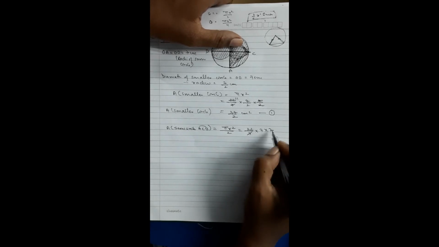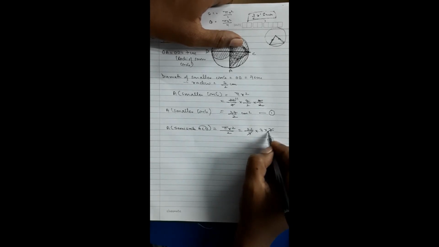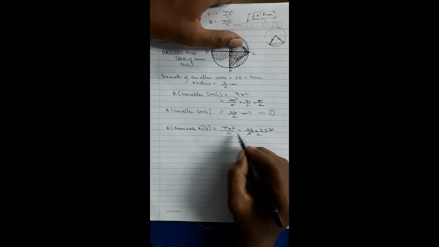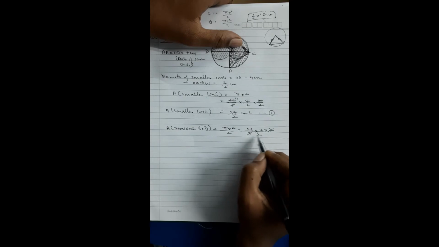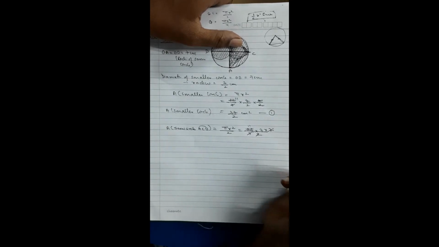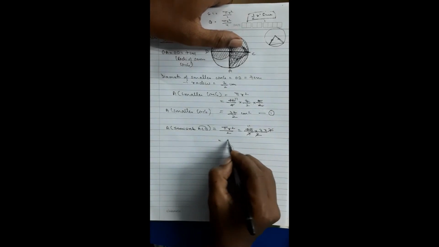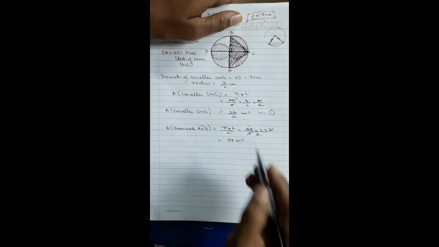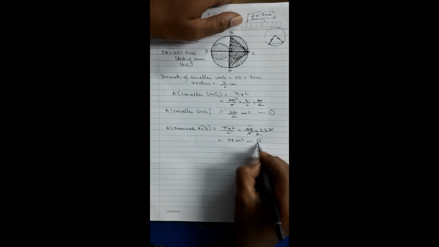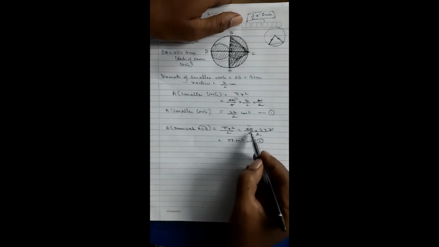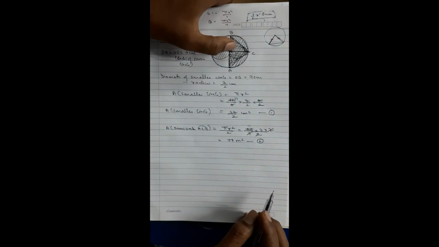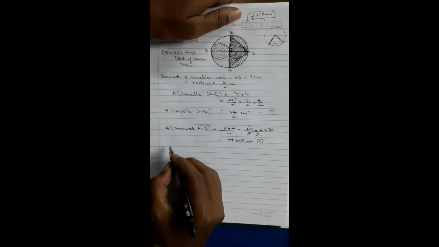So this 7 sevens cancel. Pi r square upon 2, 11, this will be equal to 77 centimeter square. This is the area of the semicircle ACB. Fine. And then we require to find the area of the triangle.